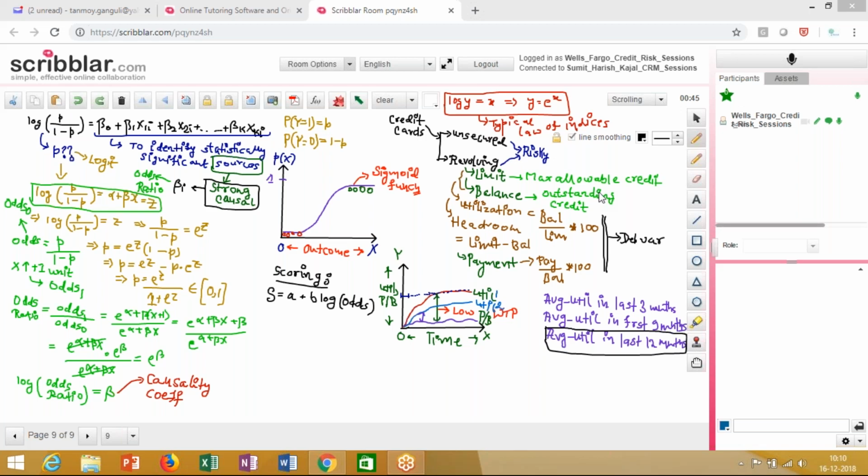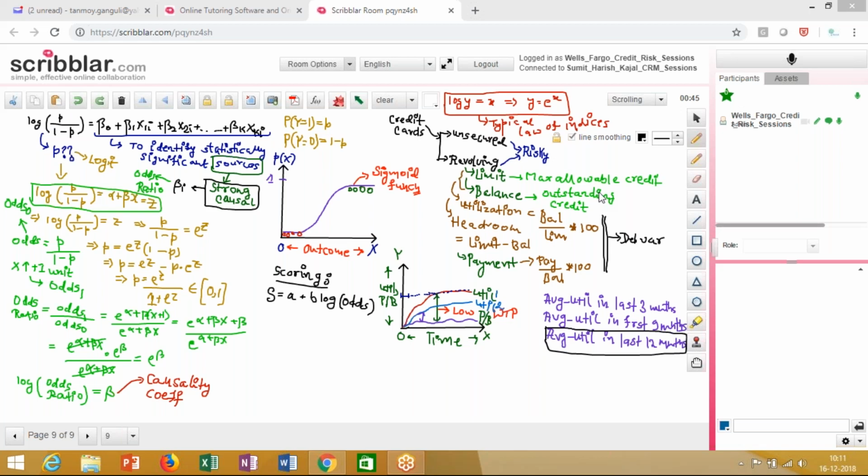So what does the score do? The score is kind of an ordinal transformation. And to do this ordinal transformation, my assumption is that the score increases proportionately with the log of odds. So as your log of odds change, your scores also change.